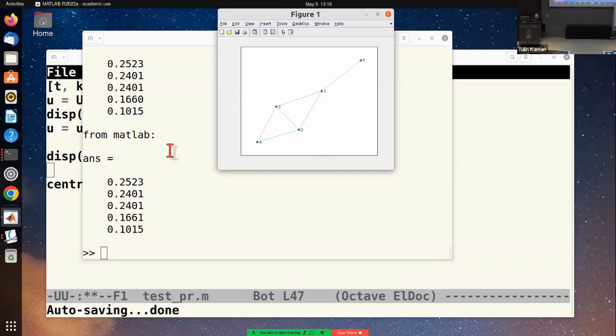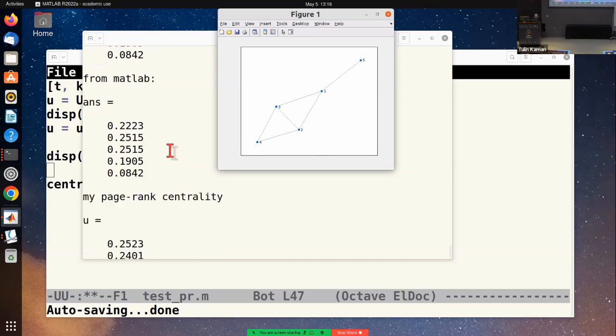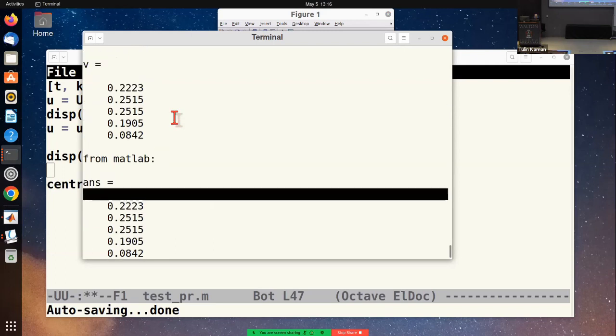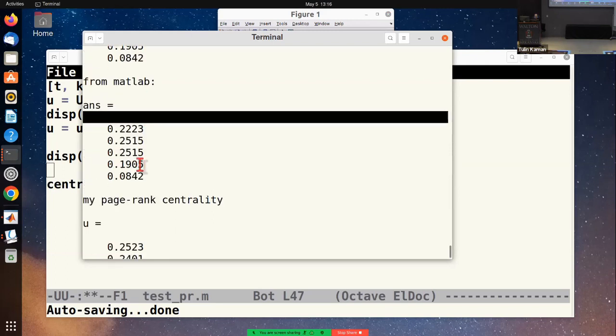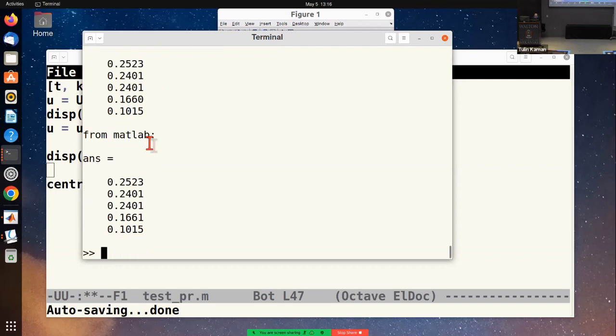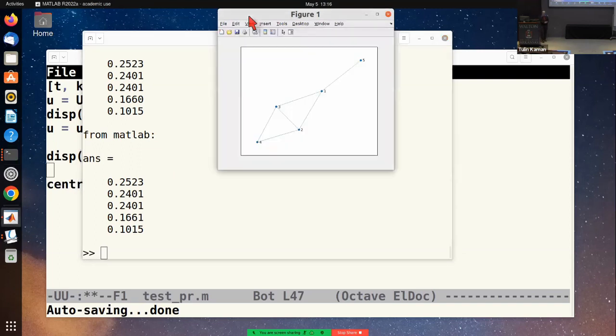Now this is the eigenvector centrality, the ones obtained by MATLAB here. And then my PageRank centrality, the one by the code I gave you, and then the one from MATLAB, exactly the same. Tiny difference in here. I'm not sure that's significant or not. So that's it for this. Any questions?